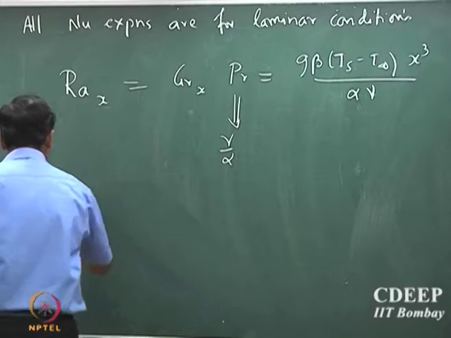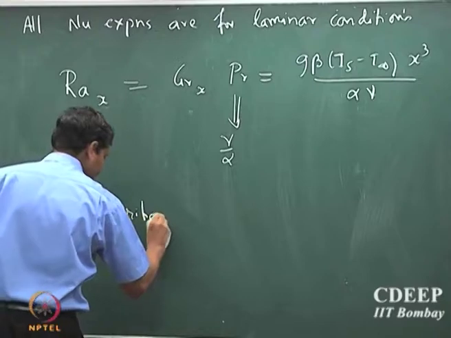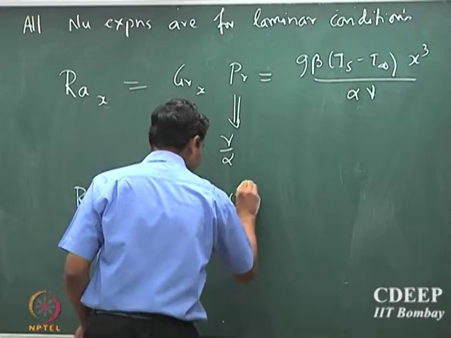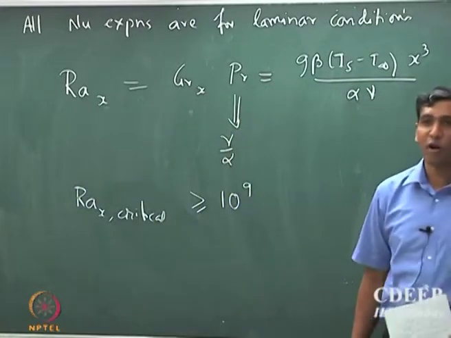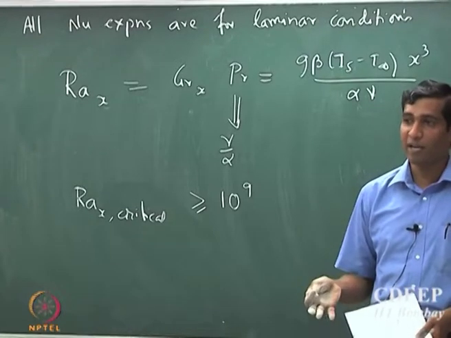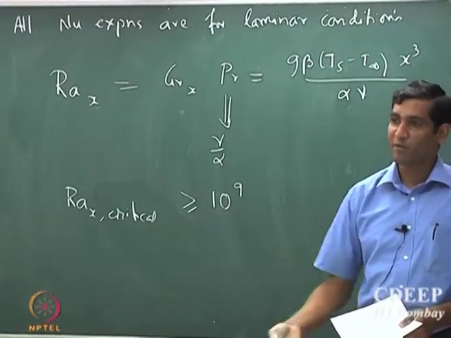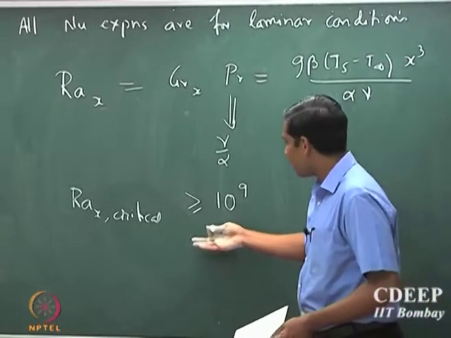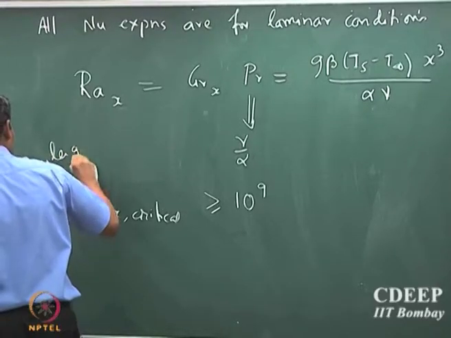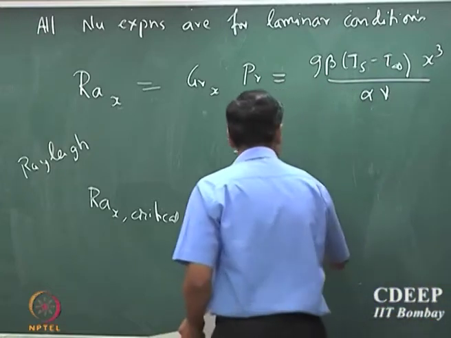The turbulent and laminar transition is defined by what is called the critical Rayleigh number. If the Rayleigh number exceeds 10 to the power of 9, then the flow inside the boundary layer is considered to be turbulent. Remember that it is the flow condition inside the boundary layer; the fluid outside is still at rest. It is a quiescent medium.